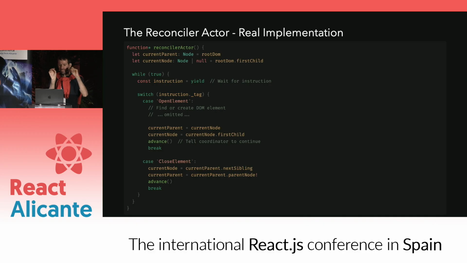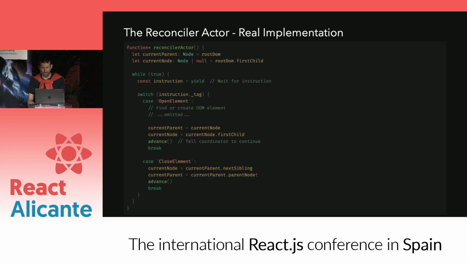If it's not there, it will create it, and then it will move the current position, the current state, into that just created element. So if we yield another open element instruction, it will be created as a child of that. And when we receive a close element instruction, we will basically step back and go up the tree.